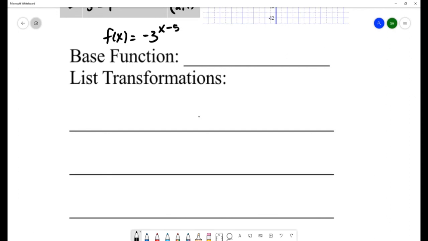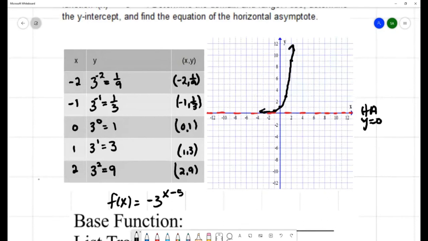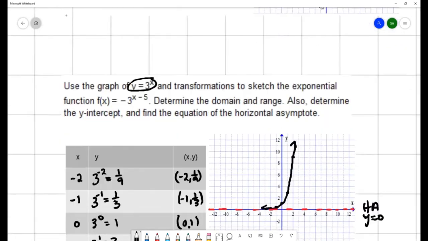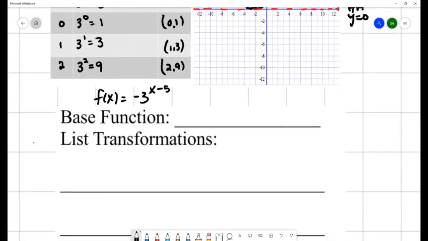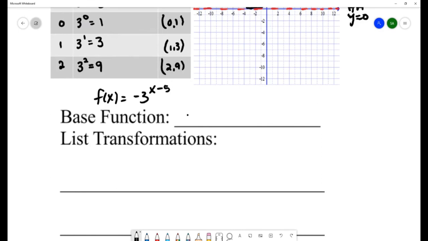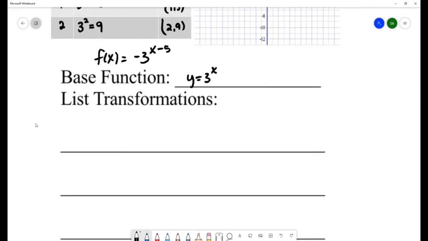Now I'm not sure if it's minus or plus, so let me just double check. That is a minus 5. Okay. So our base function is the one that we just graphed, y equals 3 to the x. And we have two transformations that are going on here, this negative and also the minus 5.